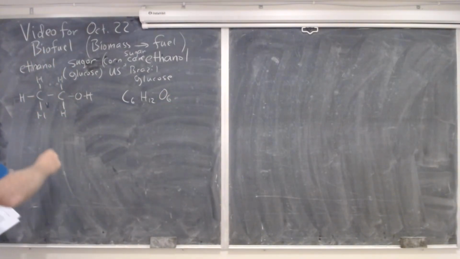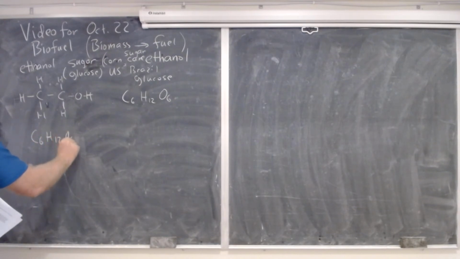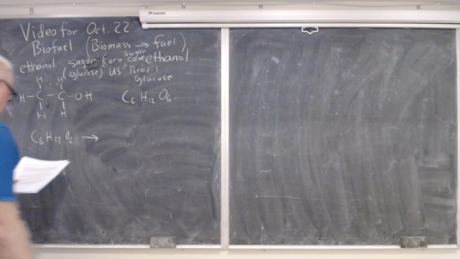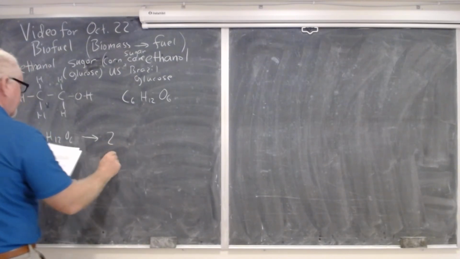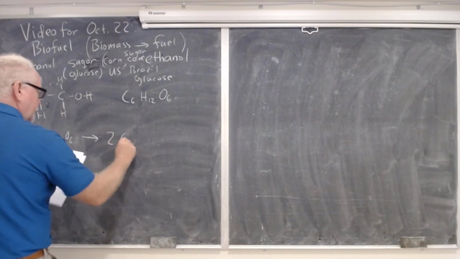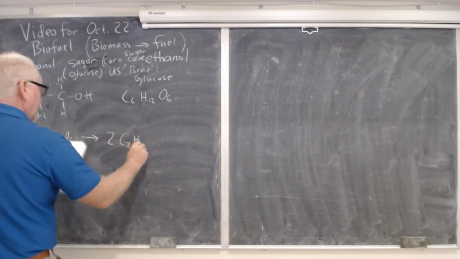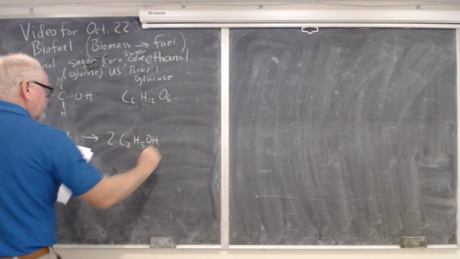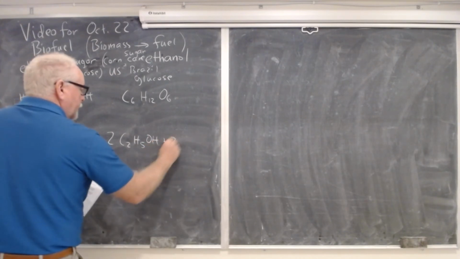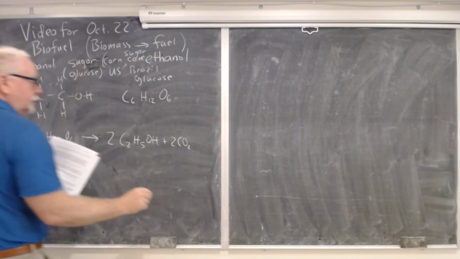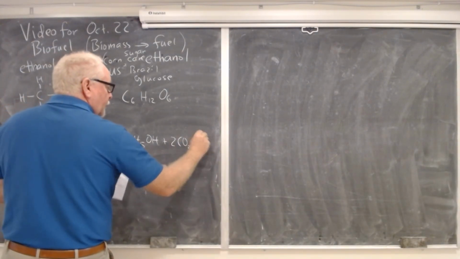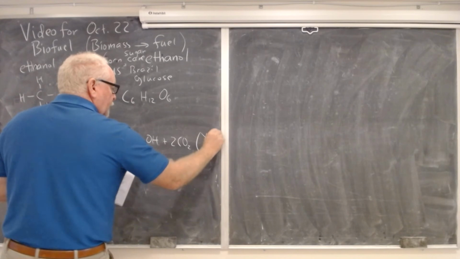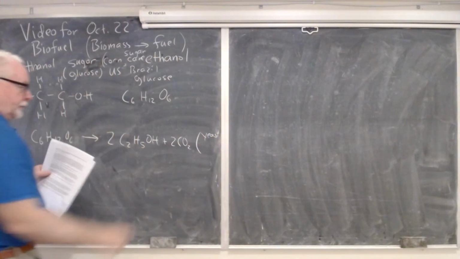And so basically you take C6H12O6 and you have a chemical reaction where you produce 2 C2H5OH, and you get 2 CO2 molecules. And this is done using yeast, so fermentation.